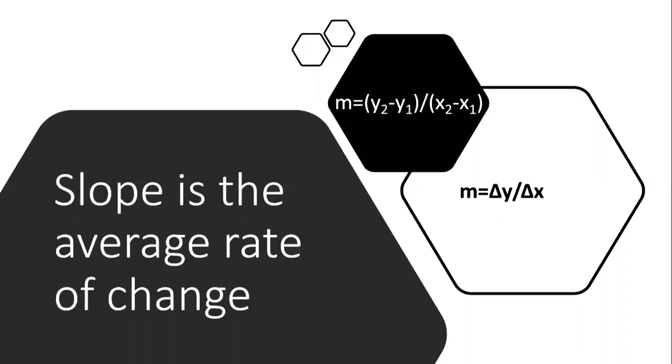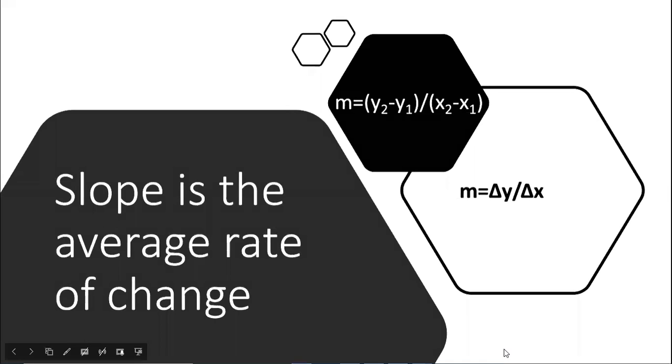I'm just going to throw up a couple other equations here because they do relate. Sometimes we'll replace our y1 and our y2 with f of x1 and f of x2. So I'm just going to write that here. Sometimes you'll see this as m is equal to f of x2 minus f of x1 divided by x2 minus x1.